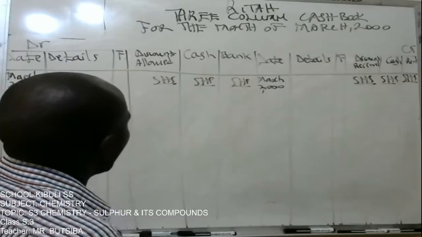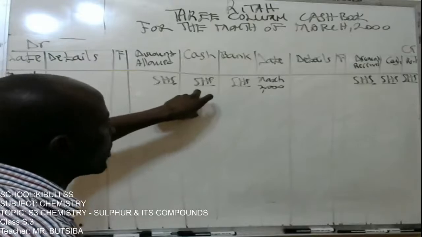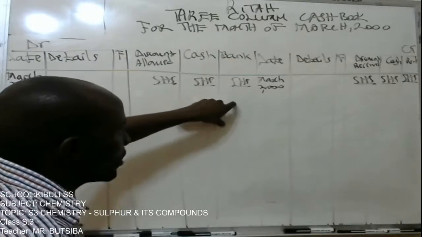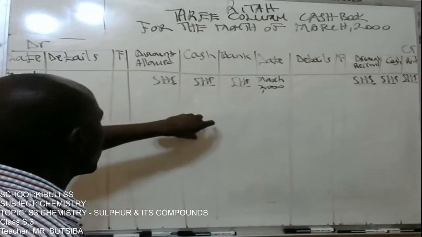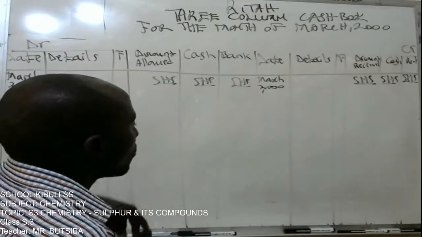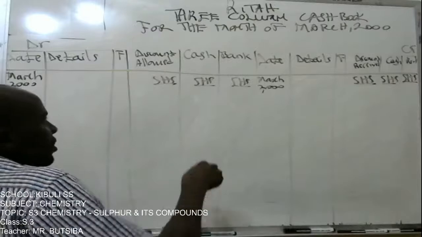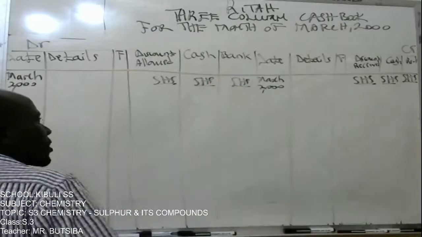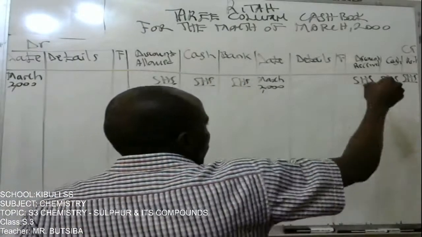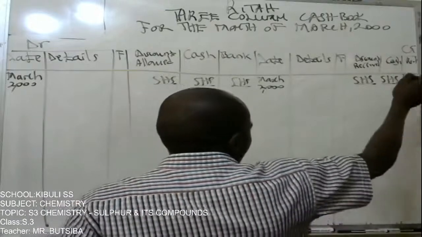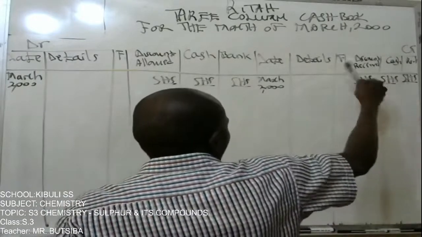And remember, when you're recording cash and bank, the cash column appears first, then followed by bank. The order must be maintained, including the discounts. On the debit side, the discount column appears first, followed by cash, and then bank. On the credit side, the discount received column appears first, cash, and then bank. Don't interchange.